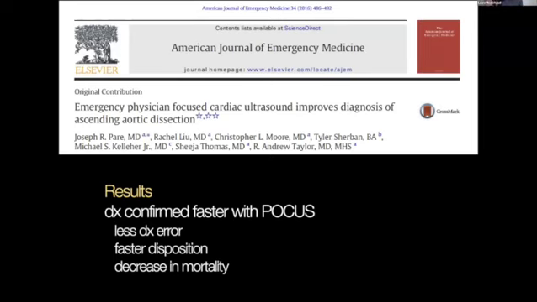You were less likely to make a diagnostic error. Like everybody who had the dissection was actually recognized as a dissection once you use POCUS. A way faster time to treatment and time to disposition to go to the OR, and also a significant decrease in mortality.